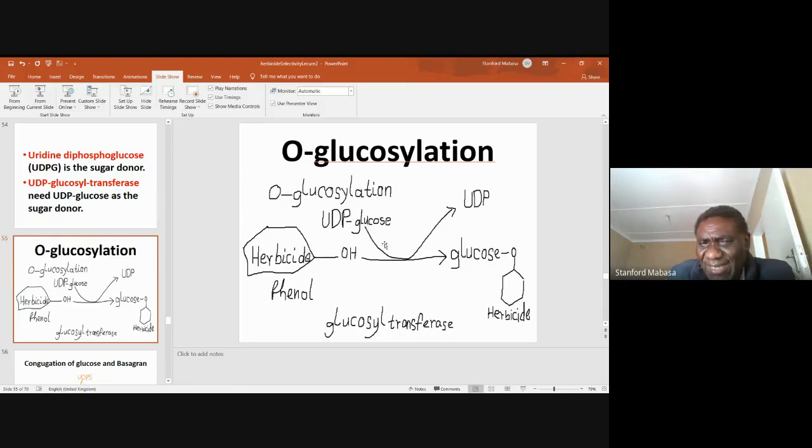Once it has donated the glucose, UDP is formed. Now, glucose is going to be attached to the herbicide via the oxygen component. And the whole process is facilitated by an enzyme known as glucosyl transferase. So we now have this glucose herbicide, which is no longer a herbicide.